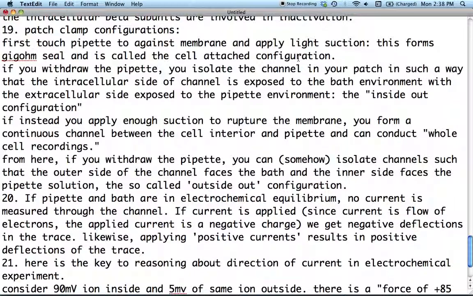But somehow, after breaking the cell membrane, if you withdraw the pipette, you get a configuration where the outside face of the channel is still facing the outside solution, or the bath, and the inside is now facing your micropipette. So you've essentially swapped inside environments from being inside your cell to being inside your pipette. And this is called the outside-out configuration.